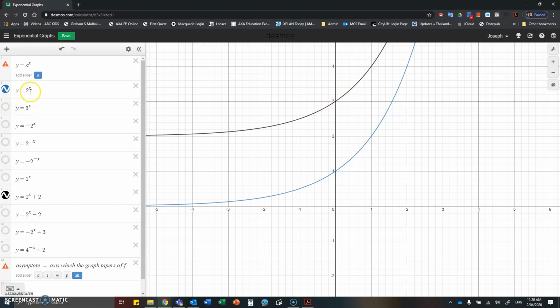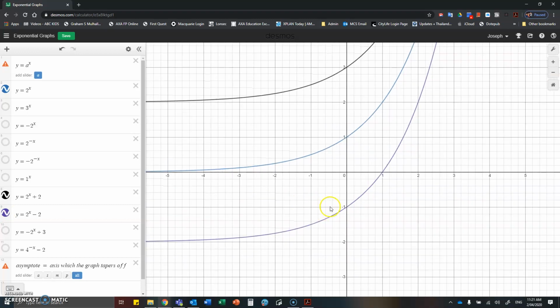Whereas this one here has no constant, so this exponential graph is going to hit the y-axis at 1 because 2 to the power of 0 is 1. If a positive constant shifts the graph upwards, then you would think that a negative constant is going to shift the graph downwards.